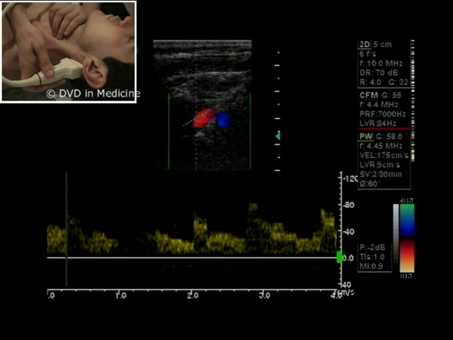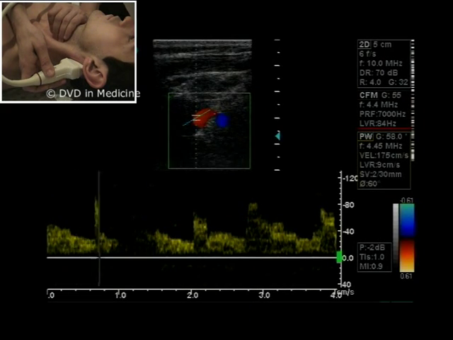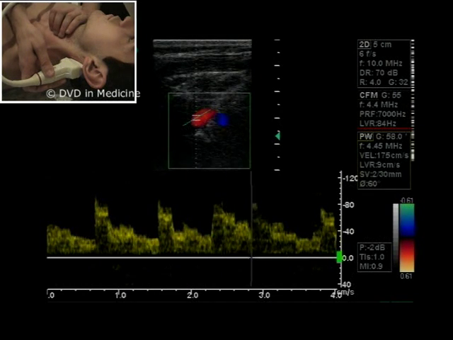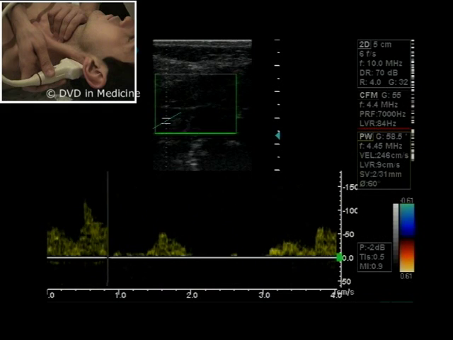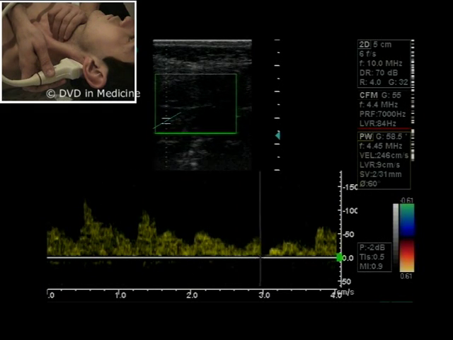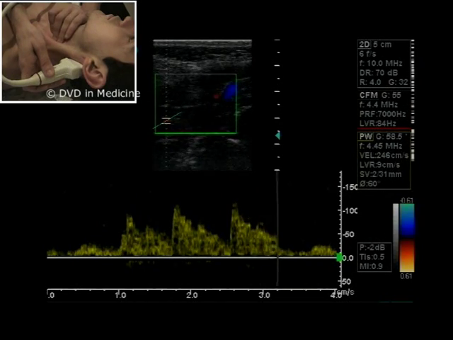If one visualizes the vertebral artery, the Doppler spectrum will stay constant or its amplitude may increase. If one visualizes the internal carotid artery, the Doppler spectrum will decrease or disappear completely.